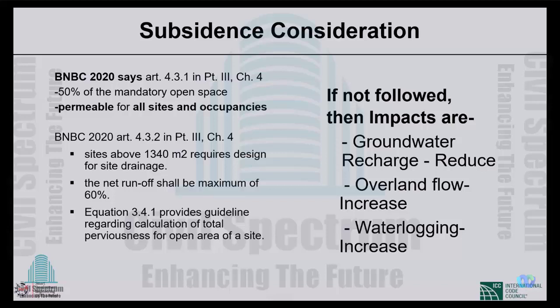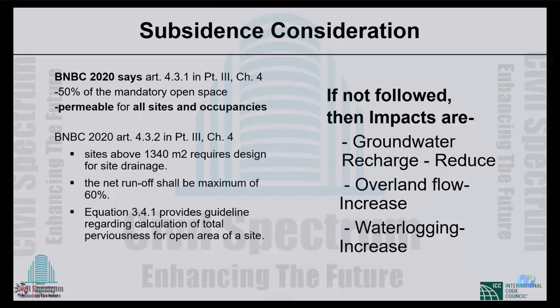If you do not follow this 50% law, this 50% open space, it is not only that groundwater depletion will happen, which ultimately goes to the subsidence, but it also increases overland flow. That means more flooding too. That means more paved area, less penetration of rainfall.